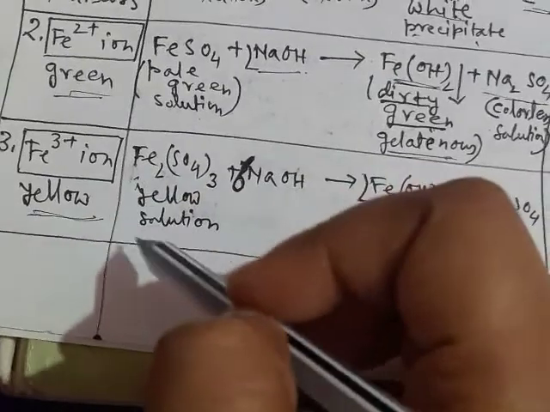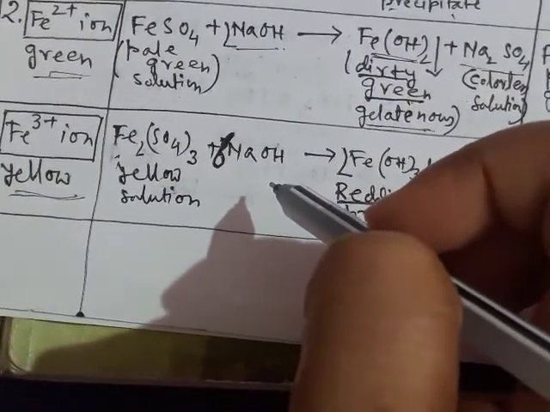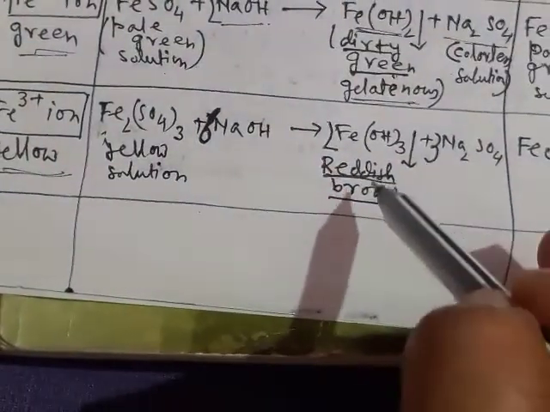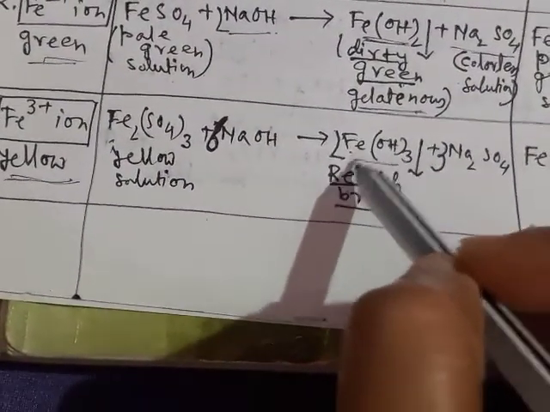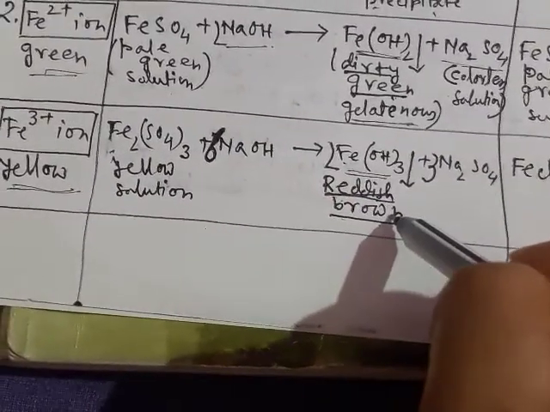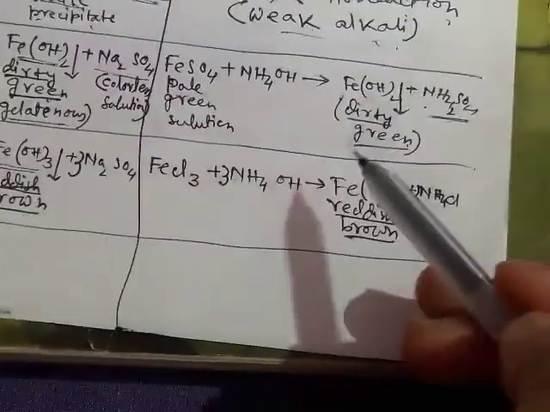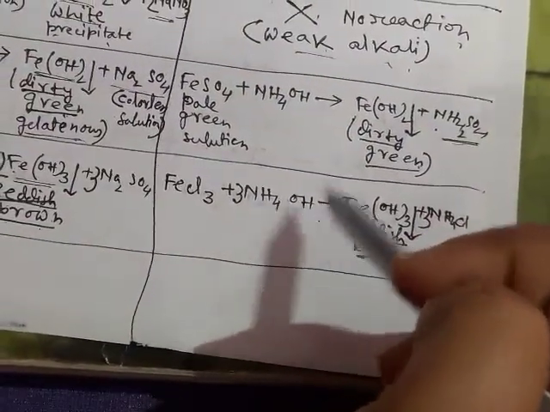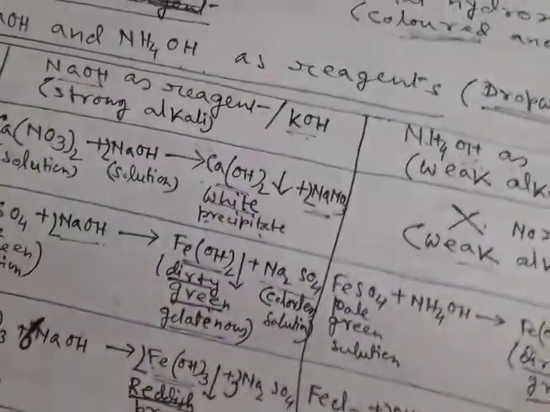To this pale yellow solution, if you add sodium hydroxide solution dropwise, then there will be formation of a reddish brown precipitate of ferric hydroxide, and from this you can identify the ferric ion. Similarly, for ammonium hydroxide also there will be formation of a reddish brown precipitate.